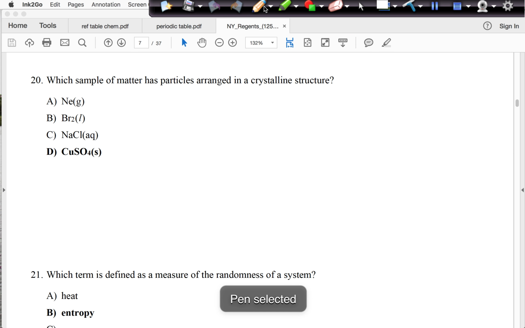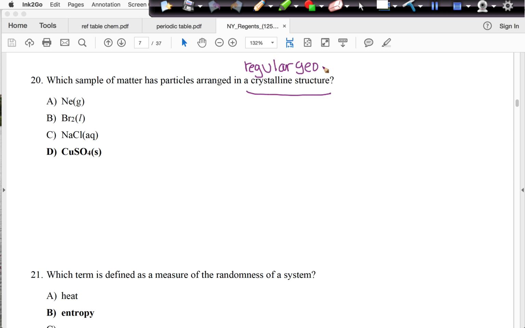For number 20, the key word here is crystalline. They sometimes also say regular, geometric, to mean the same thing. And this is your key word that we're talking about, a solid. Remember that gas is random arrangement, very far apart.